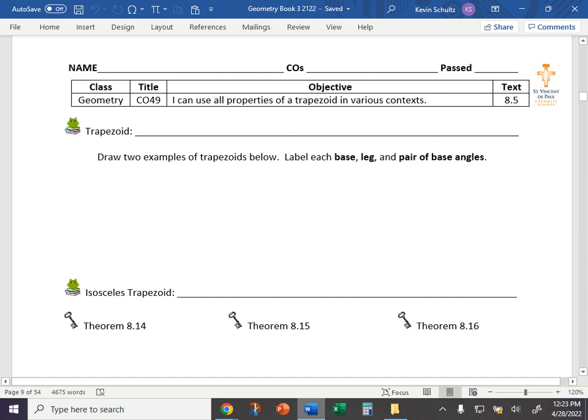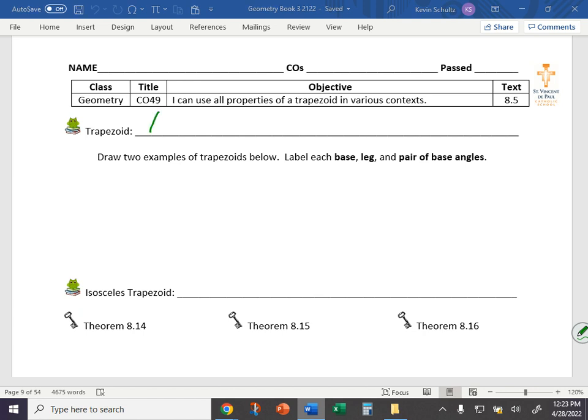In geometry, we are talking about another type of quadrilateral today that is not a parallelogram, because a trapezoid just doesn't have the same characteristics. We know that all parallelograms have how many pairs of parallel sides? Two. Okay, two.